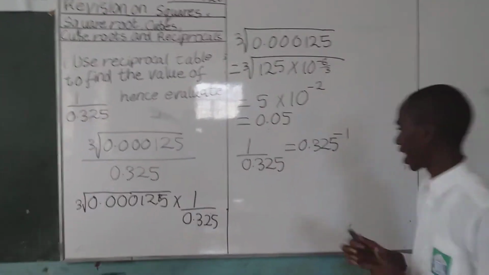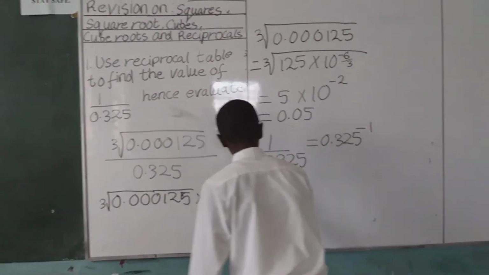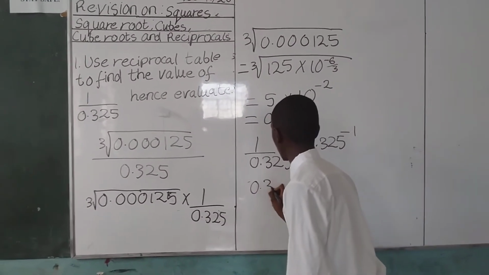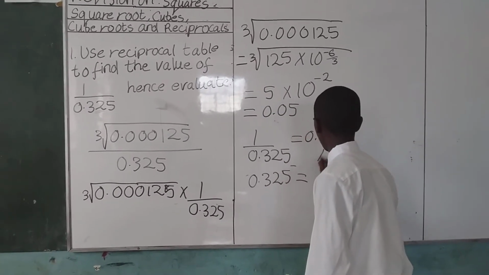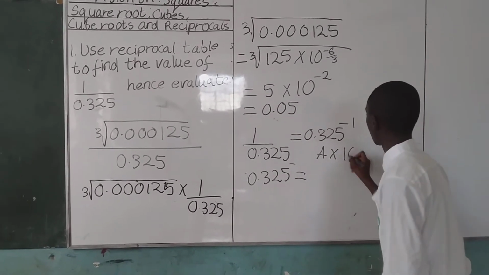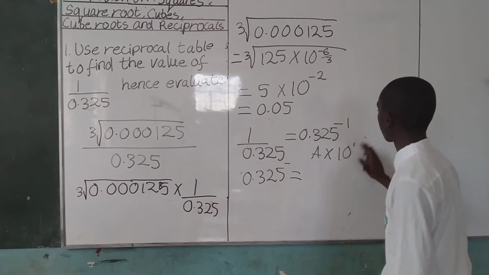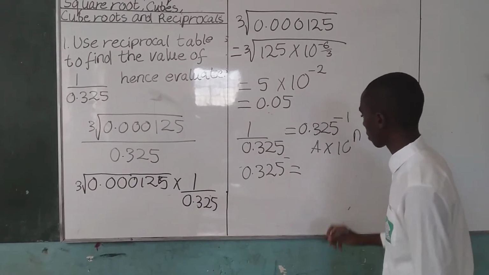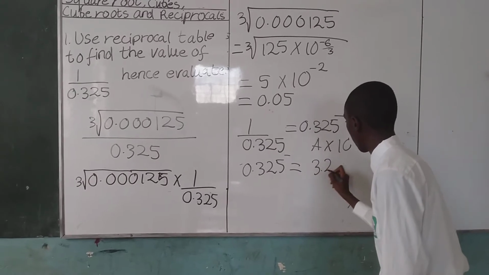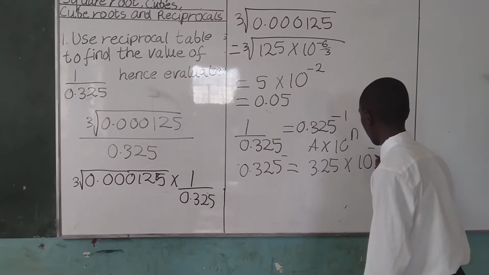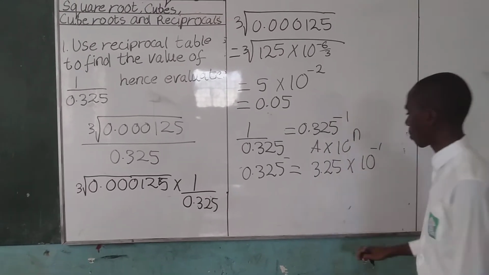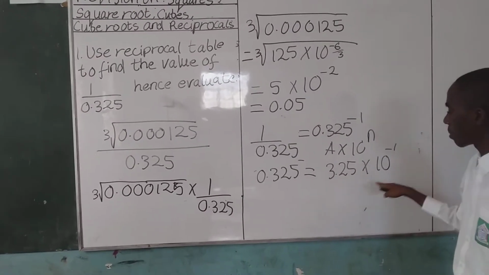Before that, we have to write this 0.325 in the form of a times 10 raised to power n, so that we can read it off our mathematical tables. So it will be 3.25 times 10 raised to power negative 1, since we are making a smaller number bigger.